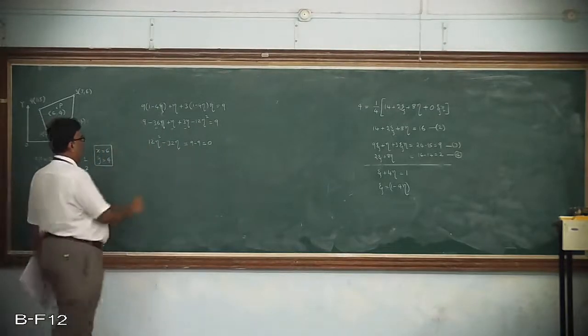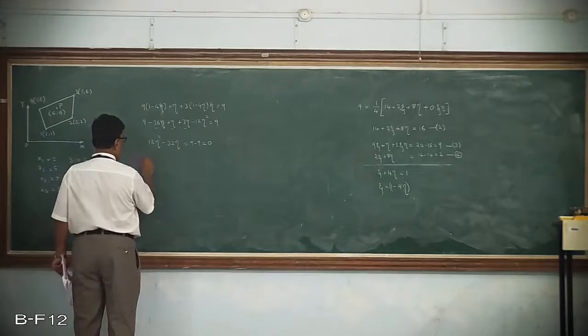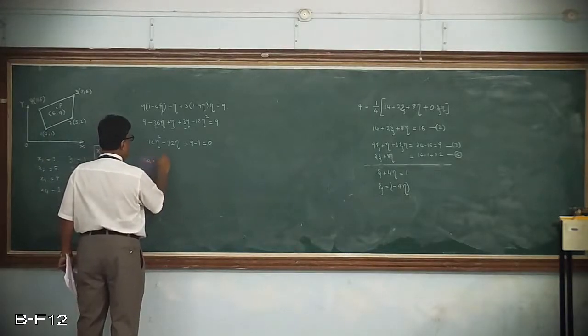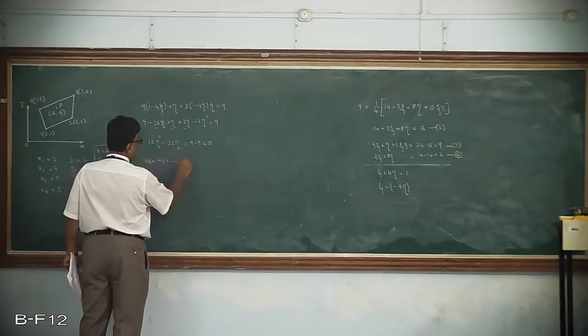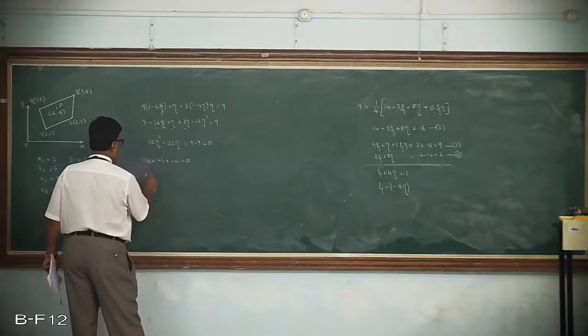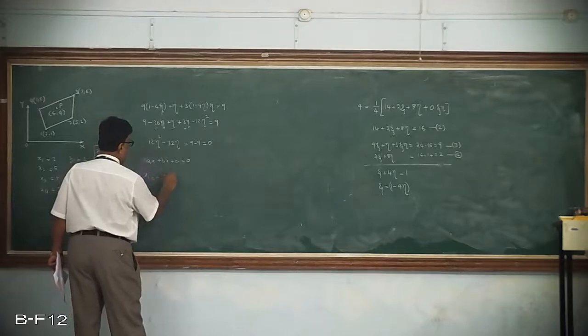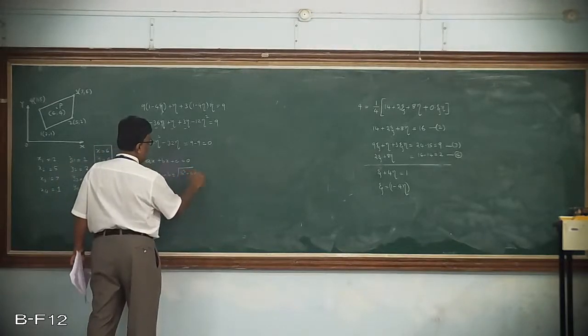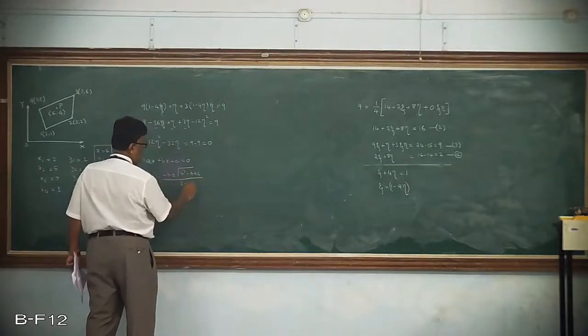See, of the order what? It is like you know it, ax square plus bx plus c equal to 0, where the roots, if you want, are minus b plus or minus square root of b square minus 4ac, upon 2a. Correct?